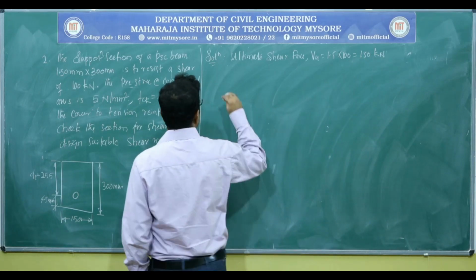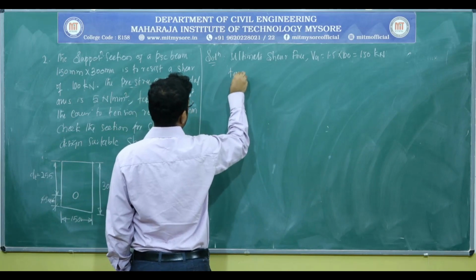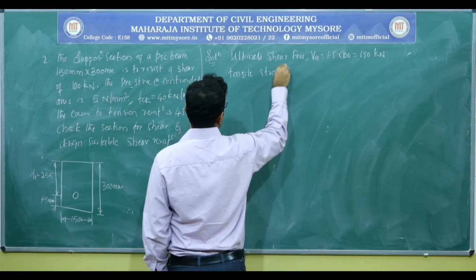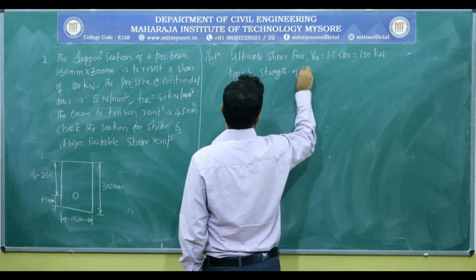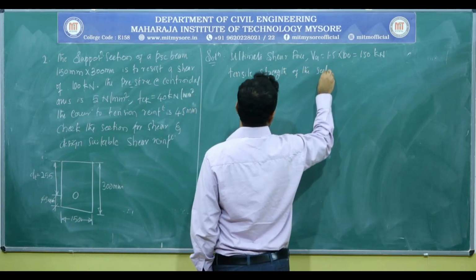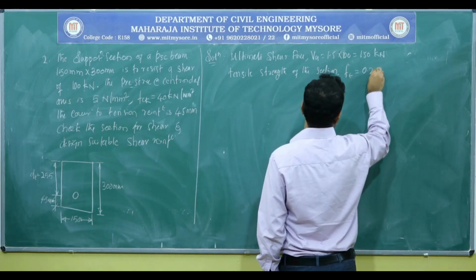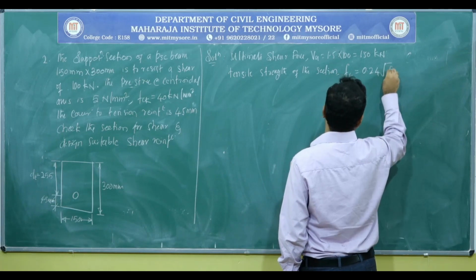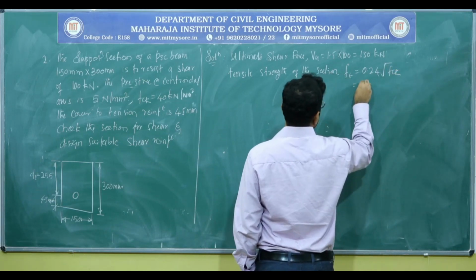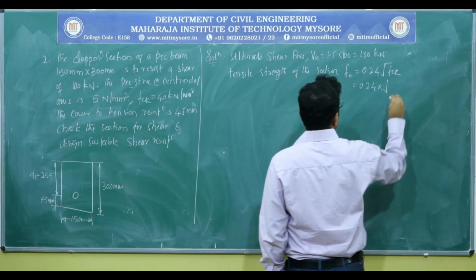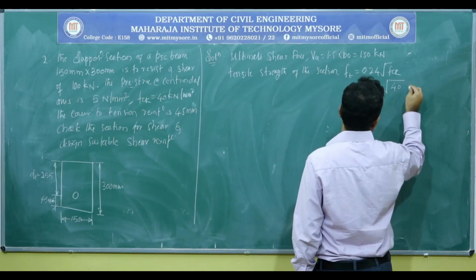Now let us calculate the tensile strength of the section, that is ft is equal to 0.24 times under root of fck, 0.24 into under root of 40.